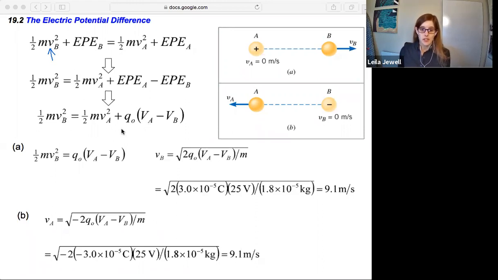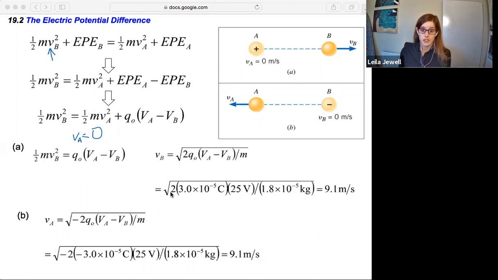So we can instead write this EPEA minus EPEB as Q naught times the quantity VA minus VB. And that's being added to the kinetic energy at point A, which again in part A is just set to 0. VA is equal to 0, so that goes away. And we can then solve for VB by multiplying the 2 and dividing by M. So that's what's shown here, multiplying the 2, dividing the M, and taking the square root.